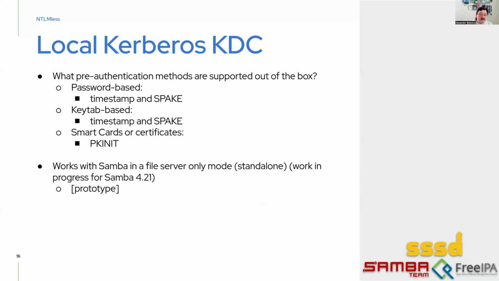What I get is that all of this works transparently, the same way it works in FreeIPA, or the same way it works with Samba ID, or direct integration with Active Directory overall. And it works with all the pre-authentication methods that MIT supports. So for example, in this setup, I have PKINIT, so I can use smart cards or certificates right away.